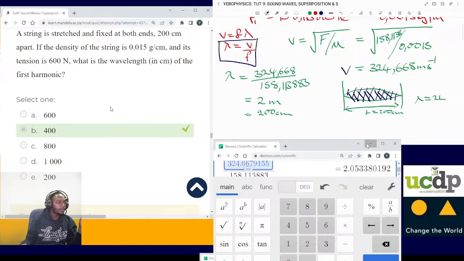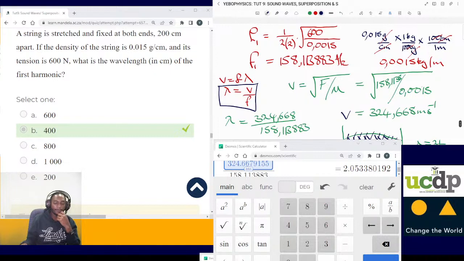Wavelength in centimeters of the first harmonic, because the first harmonic is the fundamental mode, that is for n equals 1, right? So, alright, I'll leave it here for you guys to brainstorm, and I'll also have to check why these are not giving us the same answer. I was expecting that they would give us the same answer. But thank you for popping up that question, making us realize the other side of the question.